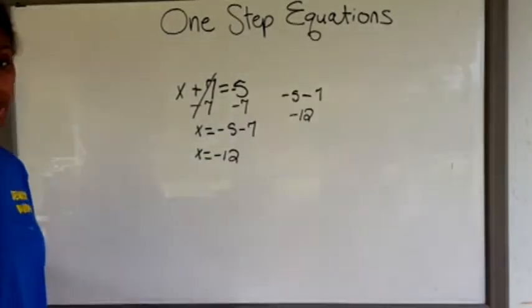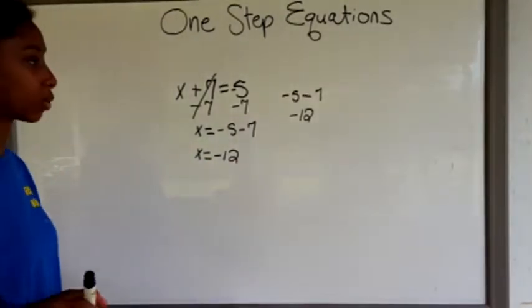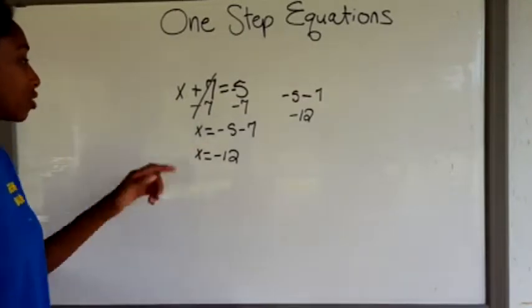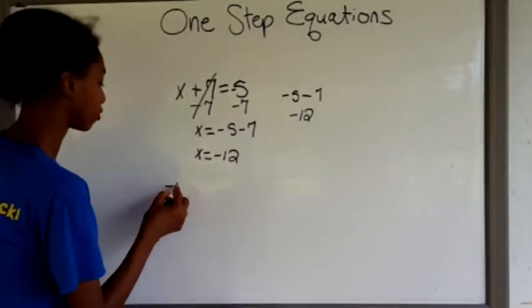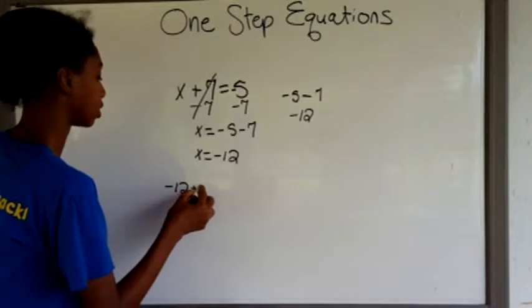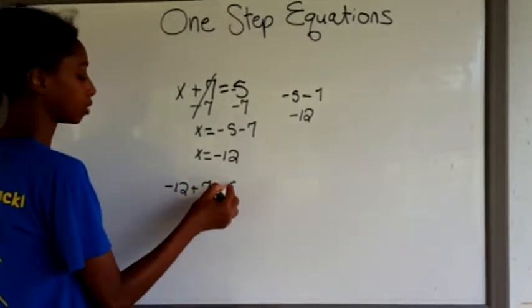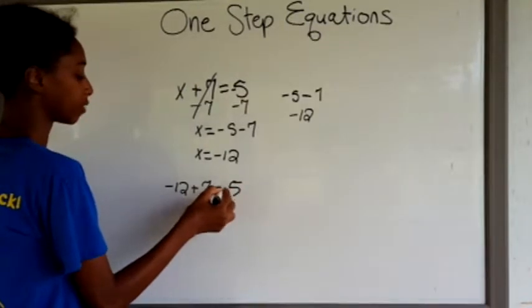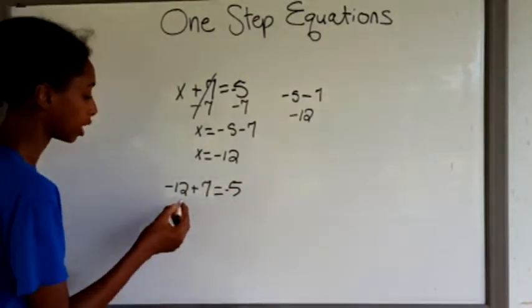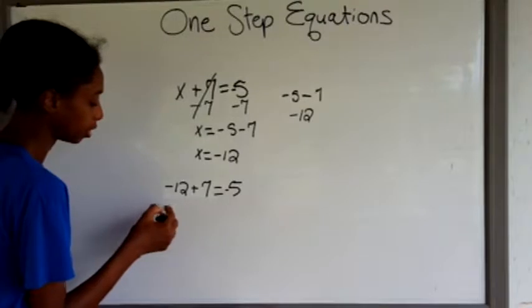And so we always want to check our answers when you're doing these one-step equations. Plug in your answer to make sure it's correct. So if I do negative 12 plus 7, then that's going to equal negative 5. And we can check that on the number line.